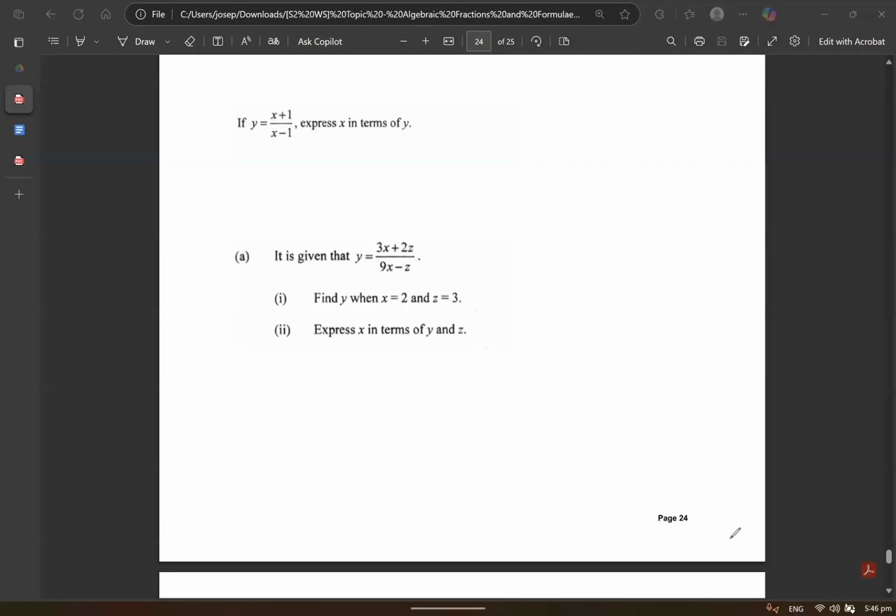Now, we are given this, and they want us to find y when x equals 2 and z equals 3. What does that mean? You are just going to substitute in.